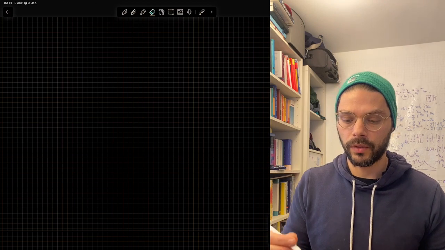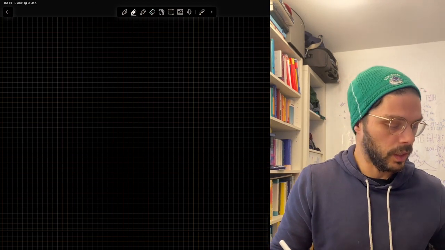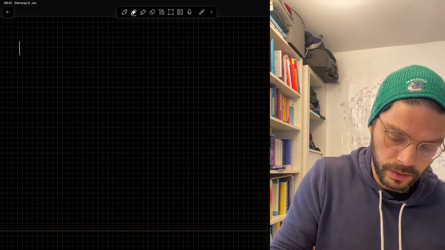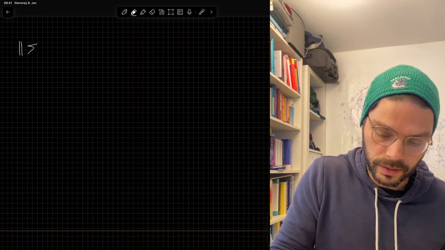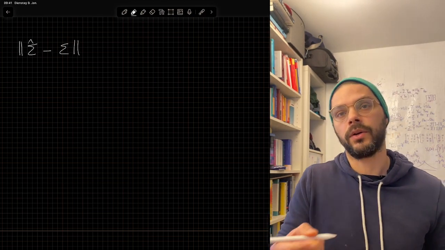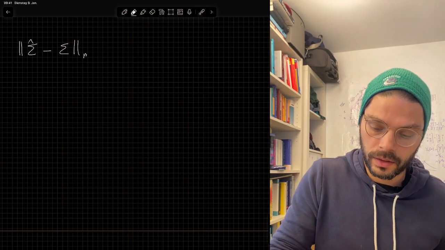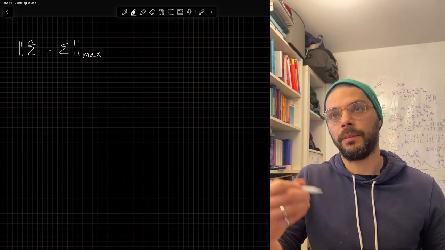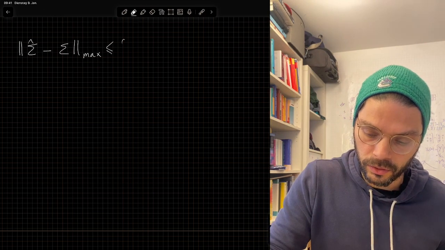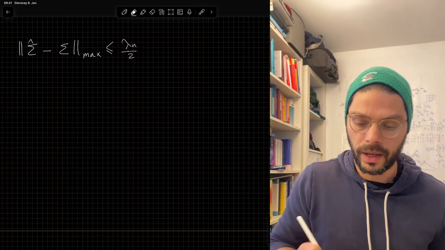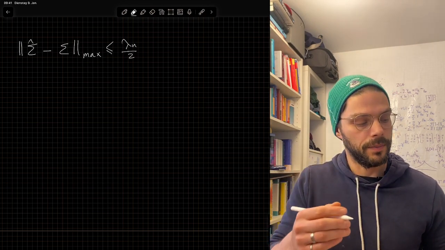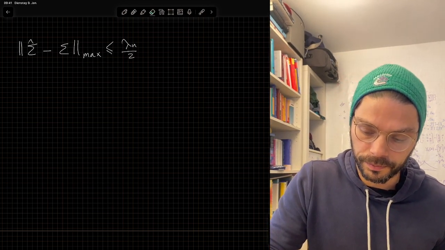So the part that we're going to be working on is this section here, which says that given that the maximum element-wise difference between the empirical covariance and the true covariance is less than or equal to some quantity lambda n over 2, this is going to imply something about the operator norm of that difference.